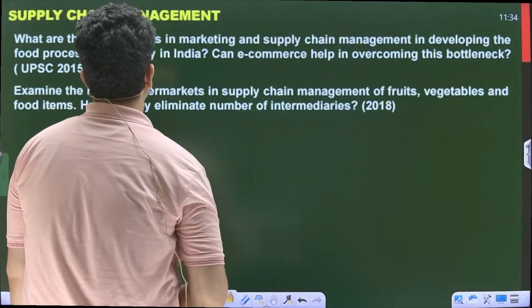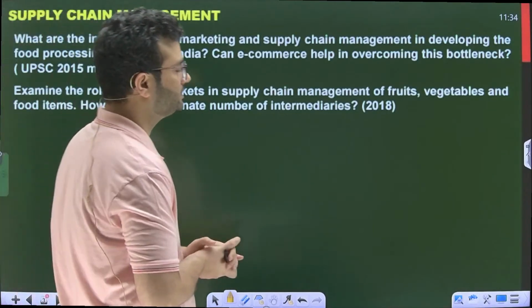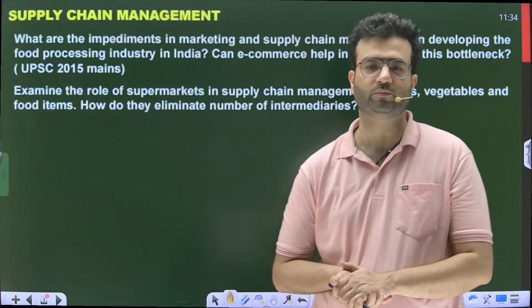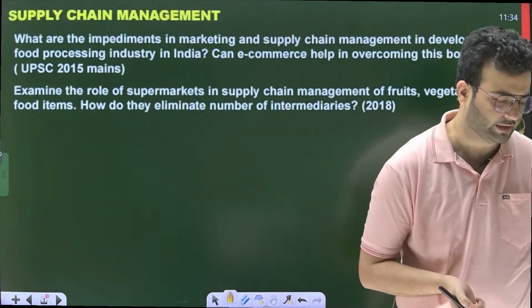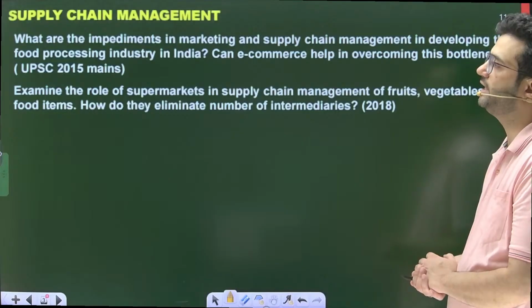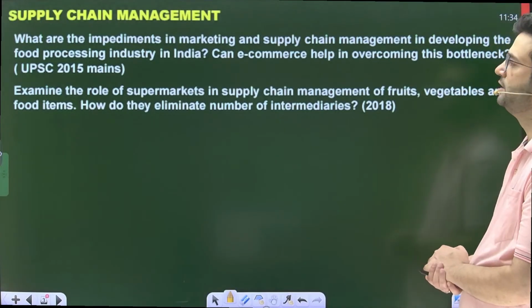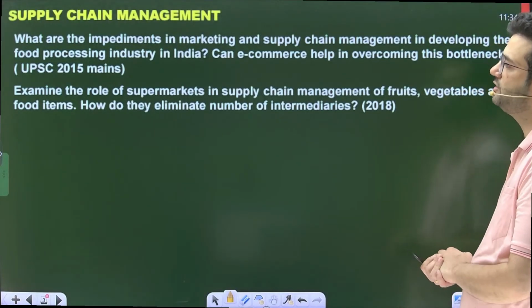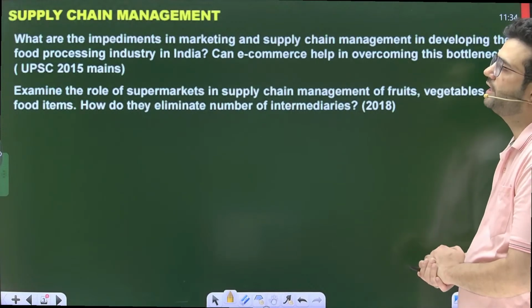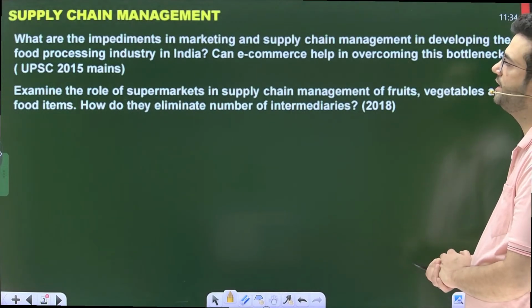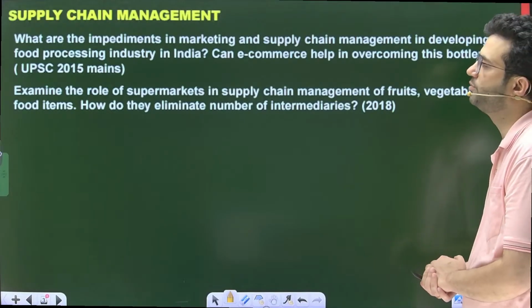Regarding supply chain management, UPSC had asked questions in the UPSC mains exam, two questions, one in 2015 and another in 2018. What are the impediments in marketing and supply chain management in developing the food processing industry?